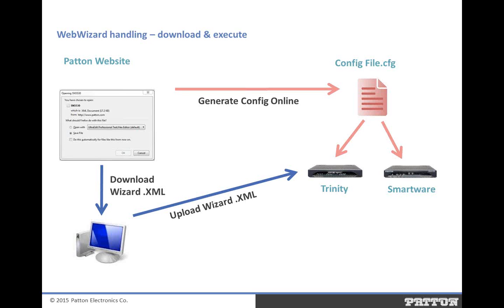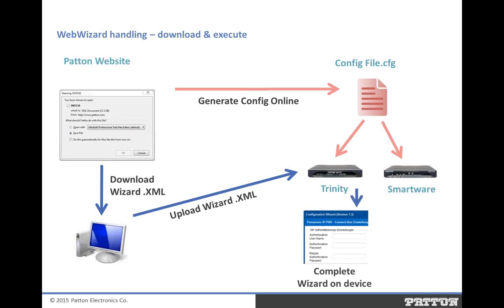You can download the entire XML-based wizard file to your PC, upload it onto a Trinity device, and then execute that wizard on the Trinity device in the same manner as I just explained, in order to generate a config file for the Trinity device. That happens all locally on the device itself. So the second part only works for Trinity devices, downloading and uploading the entire XML-based wizard file. However, executing the wizard online on the pattern website can, depending on how the wizard has been written, generate a config file for either a smartware or a Trinity device.